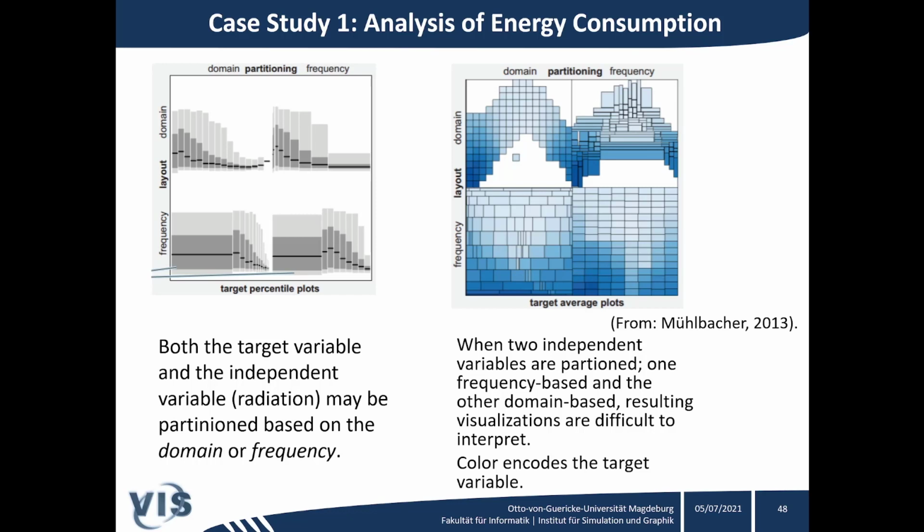However, when two independent variables are partitioned, one frequency-based and the other domain-based, the resulting visualizations are difficult to interpret, even for a domain expert, where in this case, color encodes the target variable.